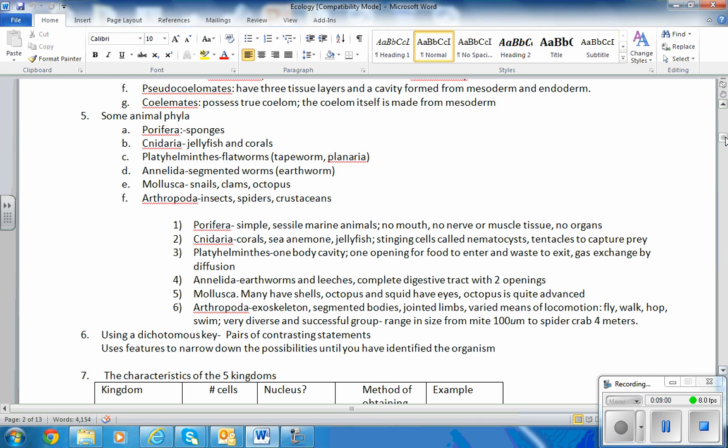So that's going to be that stinging factor. Tentacles to capture prey is what these guys usually have. So that's what jellyfish do. When they sting us, we're fine, right? But if they sting something small, like their prey, then it will stun it, and then they can take it in. Okay, y'all seen Finding Nemo, like when they go through the jellyfish?